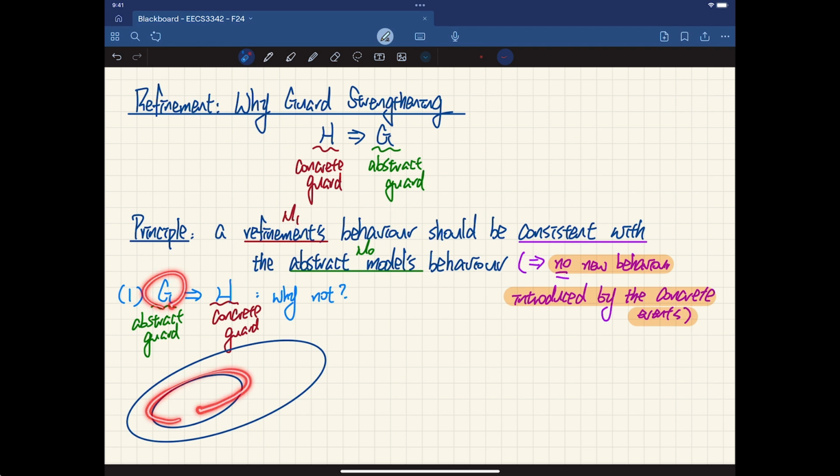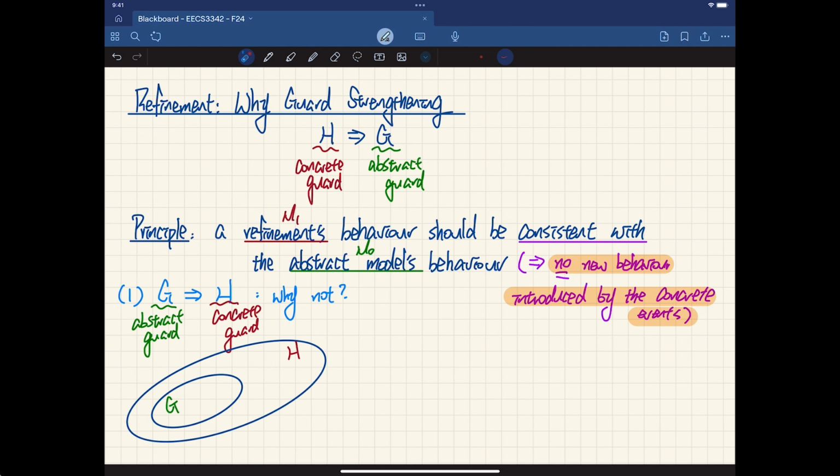Be careful, okay? It's okay to be wrong during the lecture. No worries. So here, we got the G, and we got the H over here. Now, this one here is the abstract guard. And this one here that's weaker will be the concrete guard.